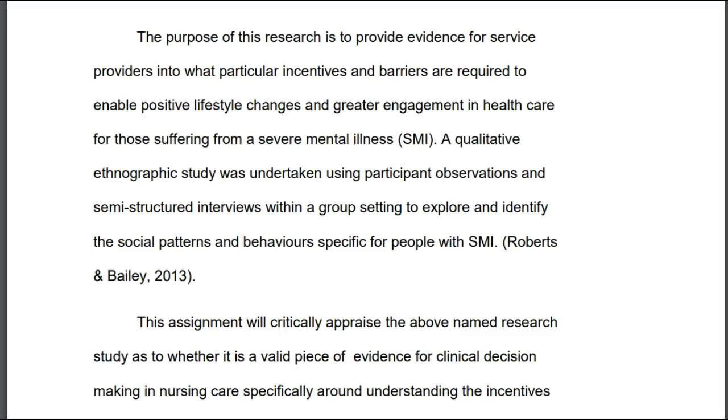So in an essay where you're arguing a particular point, it transitions the different parts of the argument. In a critical appraisal or an evaluation of a research article, signposting can demonstrate the transitions as you go through your writing.